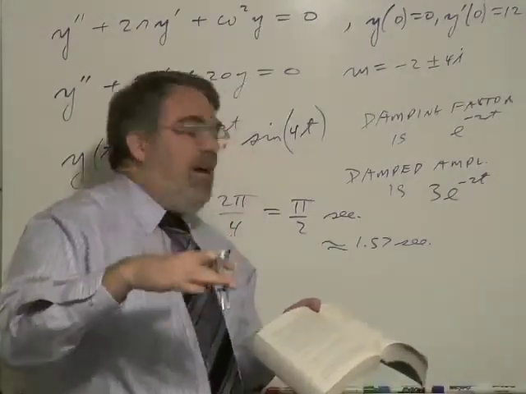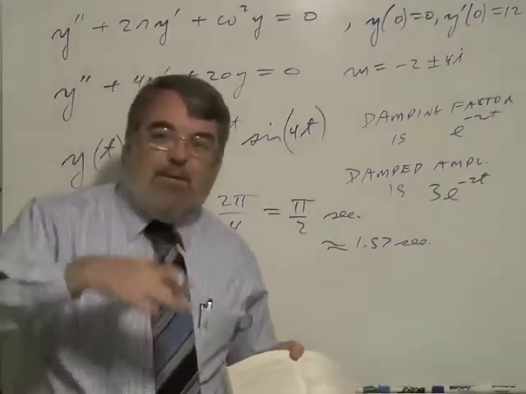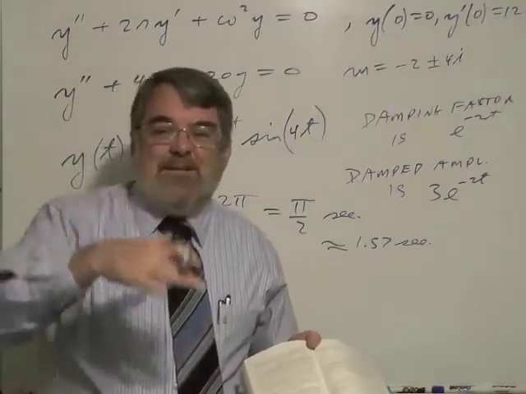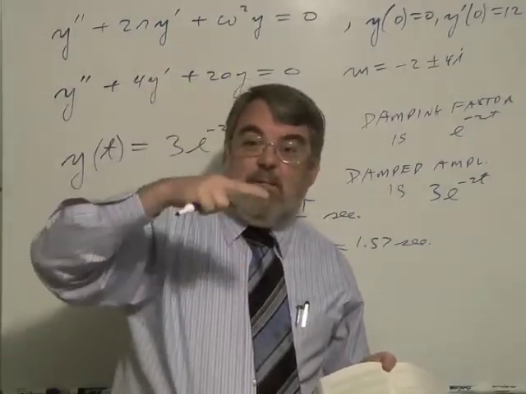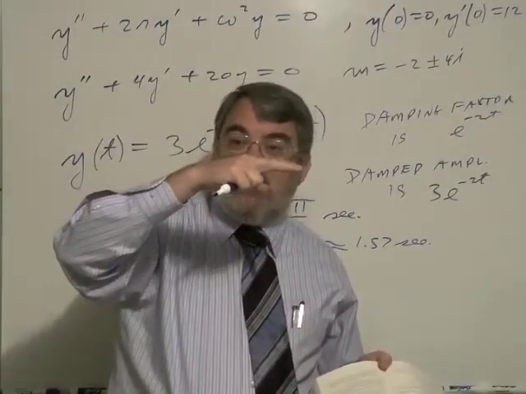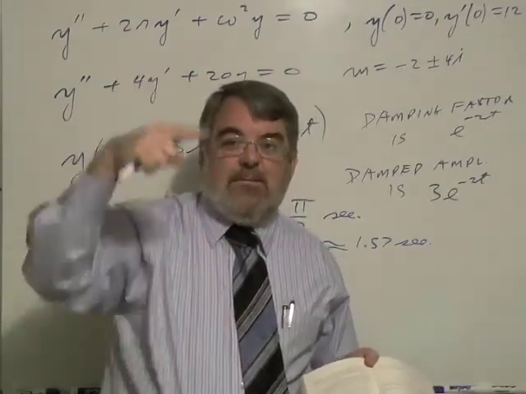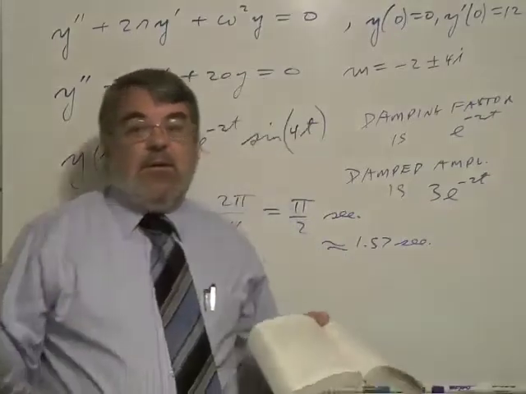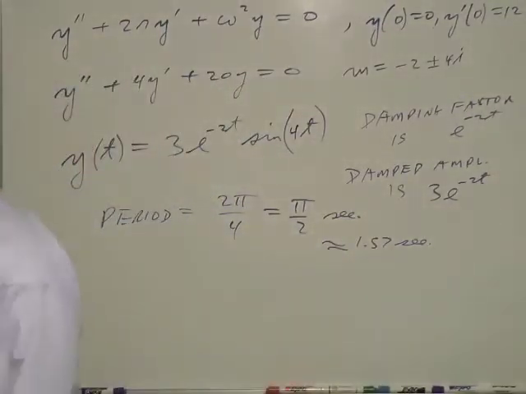About 1.57 seconds. And incidentally, it will continue to take that amount of time for each cycle. So even though the amplitudes are shrinking, and it eventually comes to rest, the time it takes for each cycle remains constant. And you can observe that with springs, and a good thing.